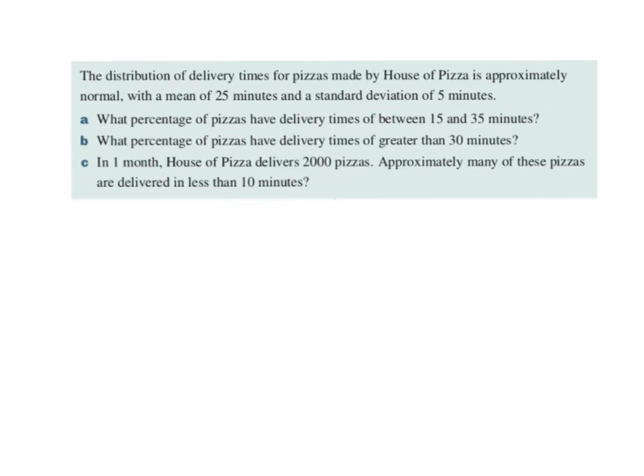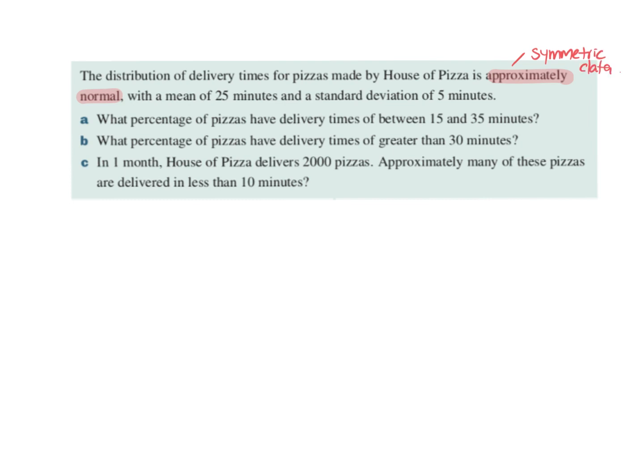Okay, so the distribution of delivery times for pizzas made by House Pizza is approximately normal. Approximately normal is another way of saying symmetric data.